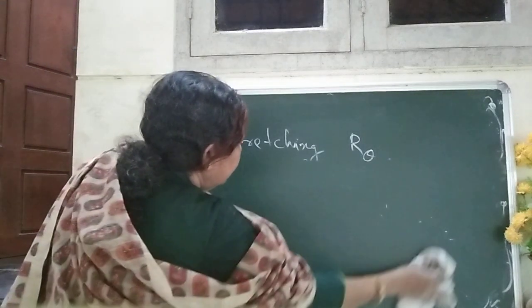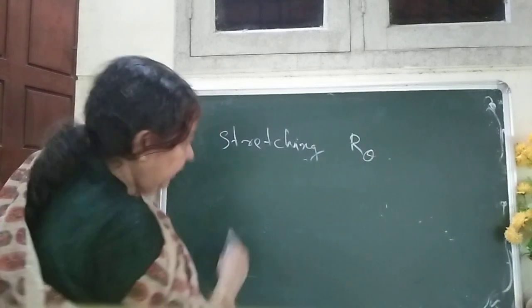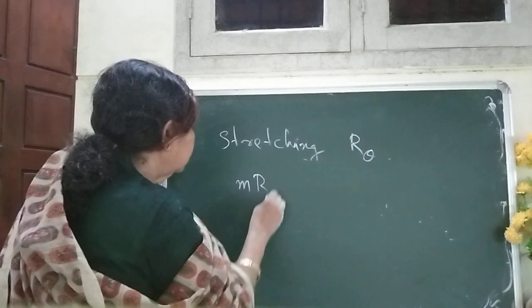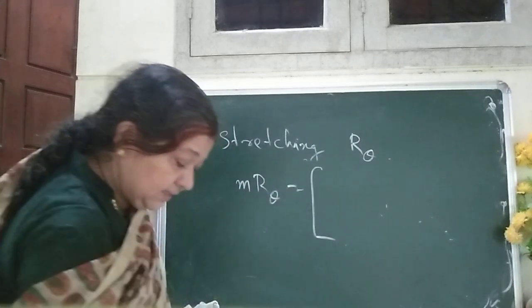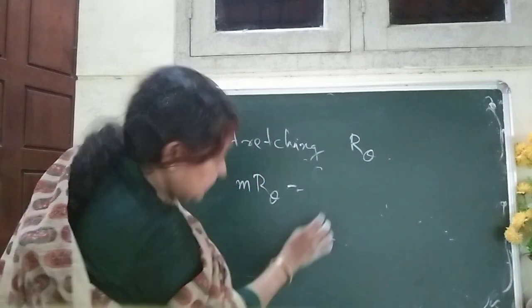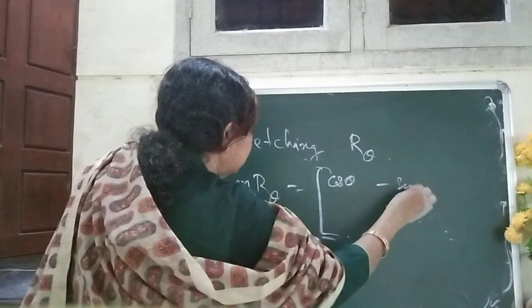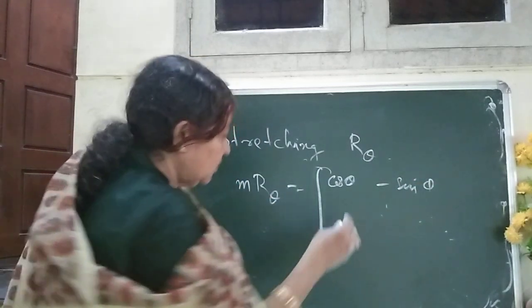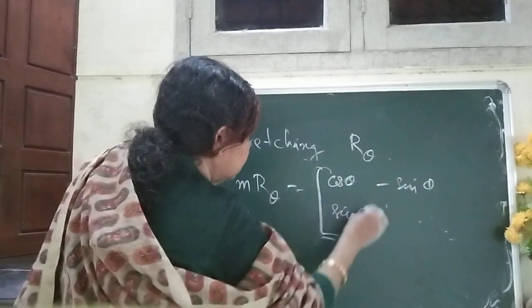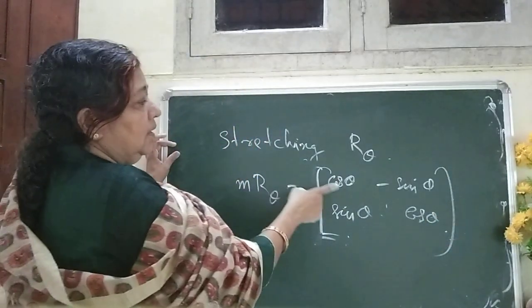Then for R theta, the matrix of R theta, as we have seen, is cos theta, minus sin theta, sin theta, cos theta.